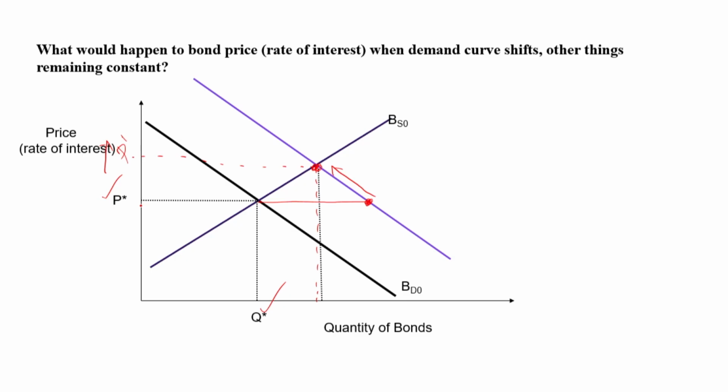So this is the ongoing price P star and the corresponding rate of interest. But now the lenders, the households and banks, have more funds and are demanding more bonds, pumping more money into the bond market. As a result, the rate of interest will decline and the bond price will increase. You can see the price has increased, that means the rate of interest has declined.